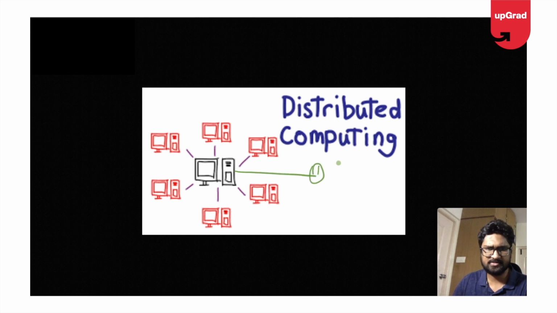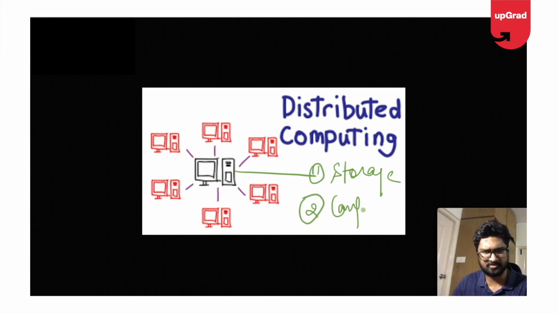One is storage, as we already discussed, and another problem that any computer has to solve is computation. So out of these two, storage and computation, when you have such an amount of data to store and such a huge amount of computation to be done which cannot be done on a single machine, that is when distributed computing comes into play, or basically you horizontally scale your system.